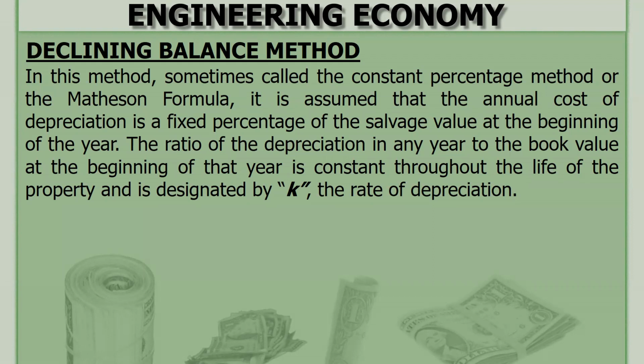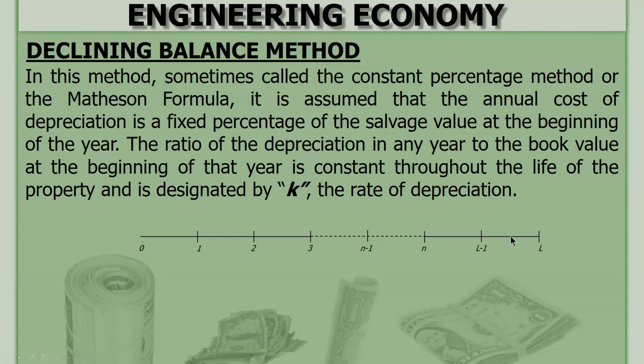The ratio of the depreciation in any year to the book value at the beginning of that year is constant throughout the life of the property and is designated by K, called the rate of depreciation. So again, K is the ratio of the depreciation in any year to the book value at the beginning of the year. Okay, let me illustrate.